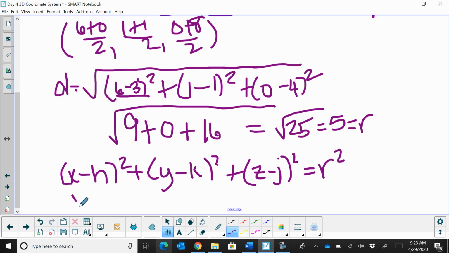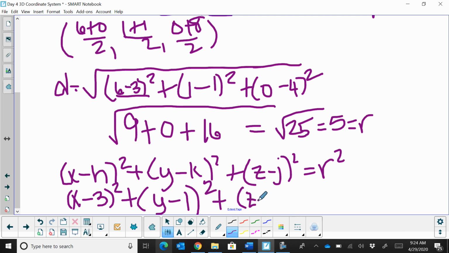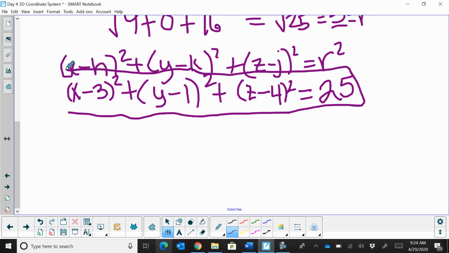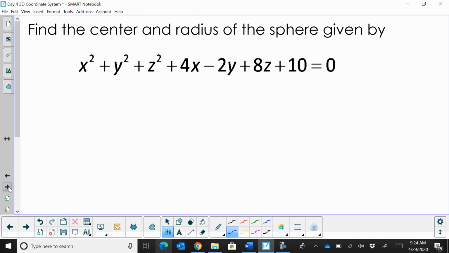So let's plug in: (x - 3) squared plus (y - 1) squared plus (z - 4) squared is equal to the radius squared. Well, our radius was 5. Our radius squared then would be 25. And that would be the equation of the sphere. So we had to use distance and midpoint to find that position to describe a sphere.